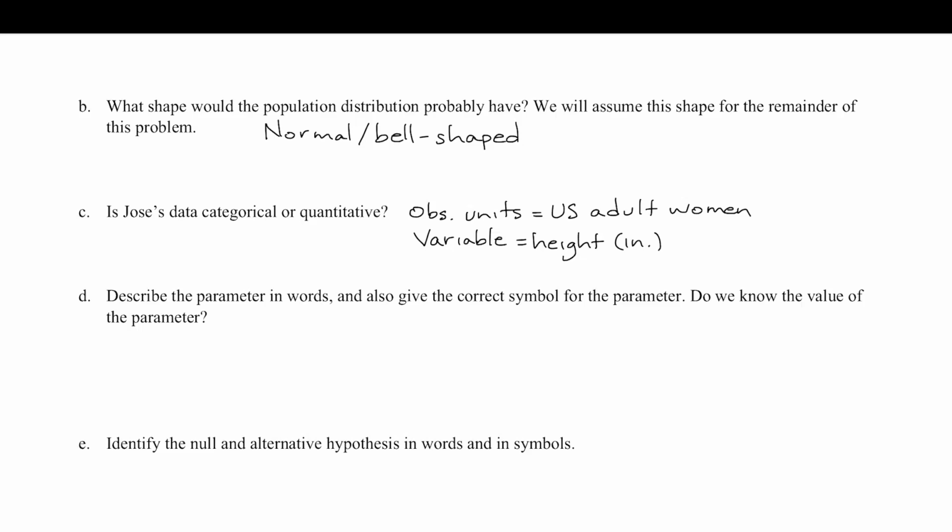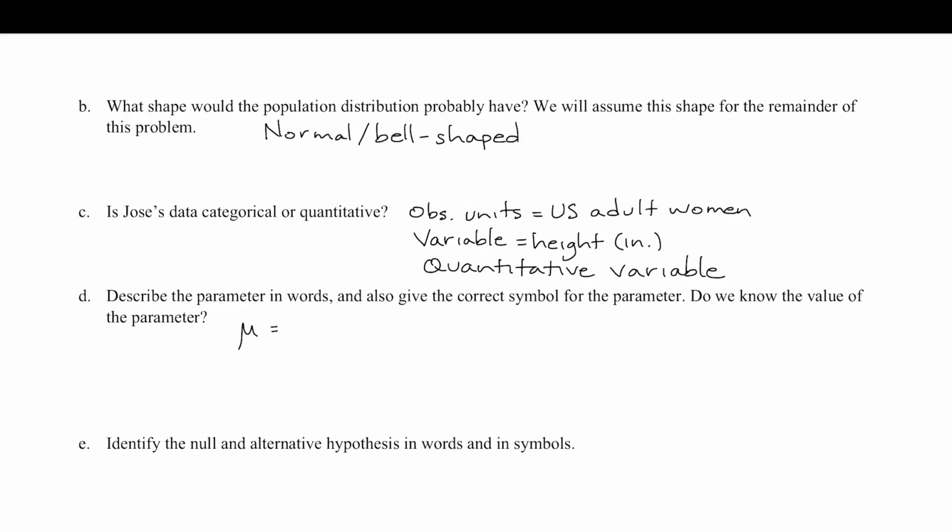And notice, it's not average height, it's just the woman's height in inches, and this is quantitative. So even though it didn't directly ask about the observational units and the variable, it's kind of necessary to figure those out to know what kind of variable we have. So this is not categorical, it's something that we can measure and that has units.